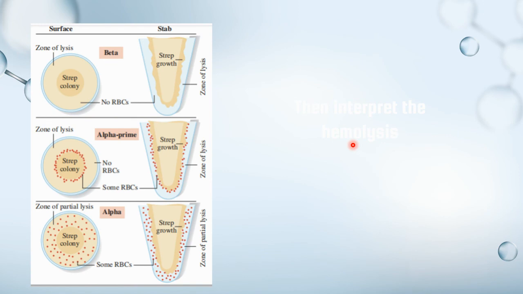So, let's look at this so you can better differentiate the hemolytic patterns. For beta, again, it is complete lysis. For example, this is the colony, and this is its zone. There are really no RBCs left. If you look at the stab, here is the stab growth, and around it there are no more RBCs.